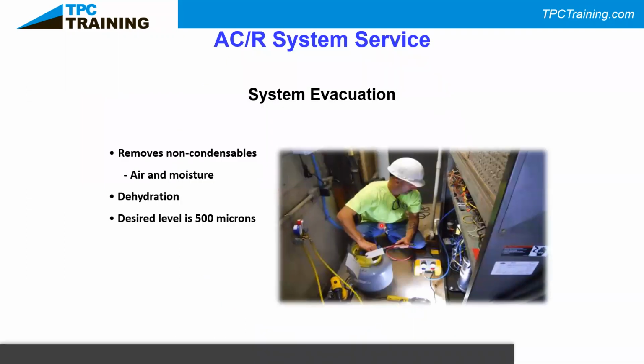Now, evacuation is the process of dehydrating, taking the moisture out of the system. As we lower the atmospheric pressure, we lower the saturation temperature at which water begins to boil. In my virtual reality classes, I show a vacuum pump with a bell jar.